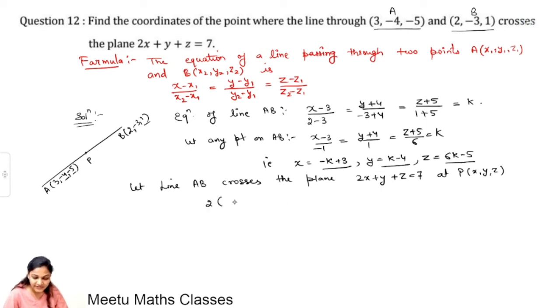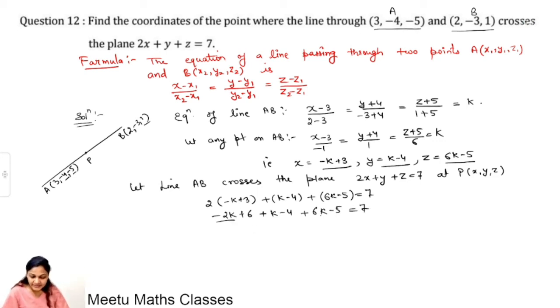We will get minus k plus 3 plus y is k minus 4 plus z is 6k minus 5 is equal to 7. So this will be minus 2k plus 6 plus k minus 4 plus 6k minus 5 is equal to 7.